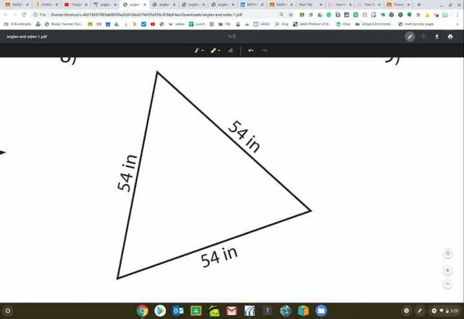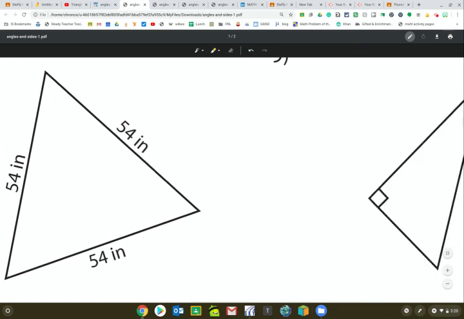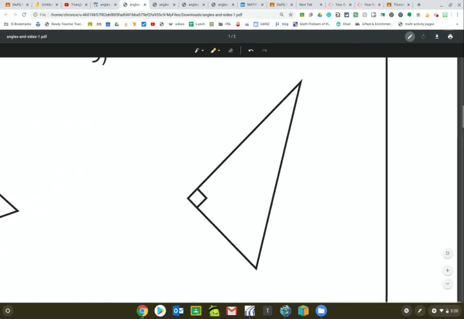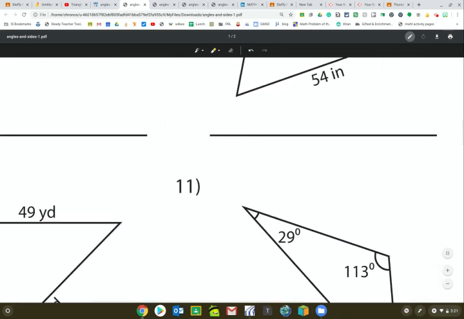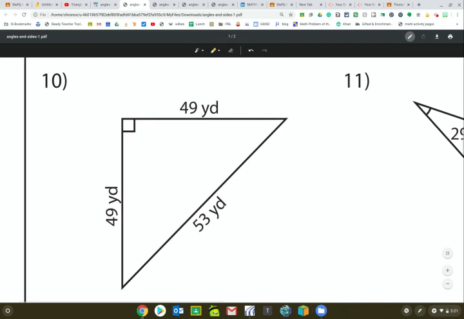This one's acute equilateral. This one's going to be a right angle, and there are no tick marks here, so we have a right scalene triangle. We have two sides with equal length and a right angle here, so this is right isosceles.